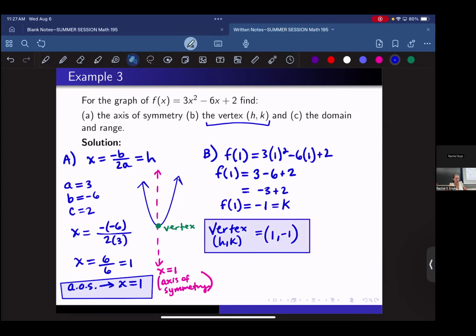Because our a value is positive, 3 is greater than 0, we're looking at a U-shaped parabola, which means we have a minimum.